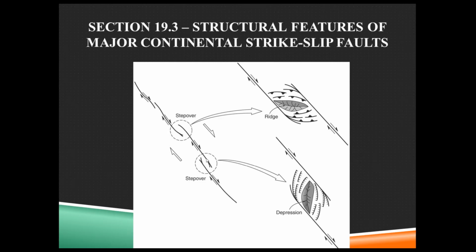On the other hand, in this step over zone, the underside of this fault is moving up, and the top side of this one's moving down. So in the middle here, there's an area where everything's being pulled apart. So it's a tension zone. We get lots of normal faulting with a big depression in the middle.